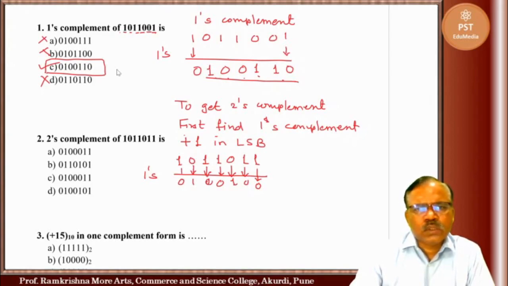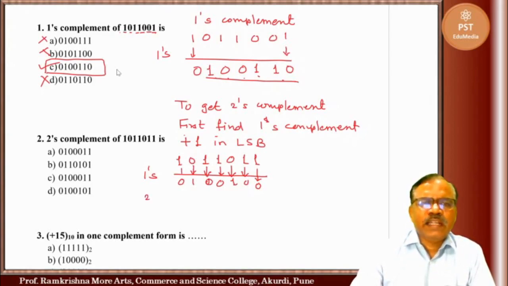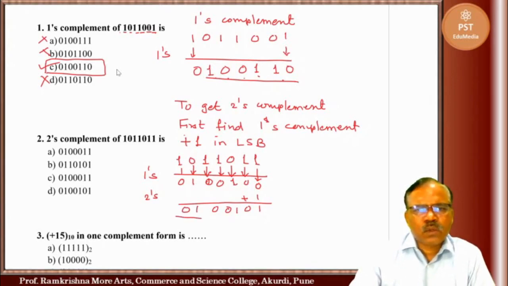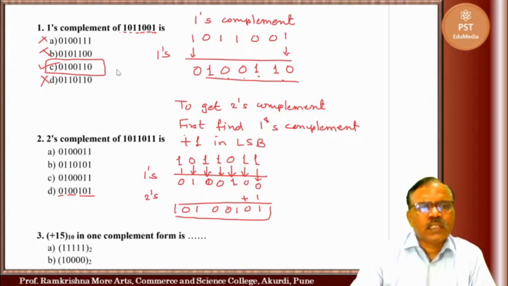So this is the 1's complement. Now to find the 2's complement, just add 1 in the LSB. So we get 0 1 0 0 1 0 1. So this is the 2's complement. So the last option is correct out of these 4.